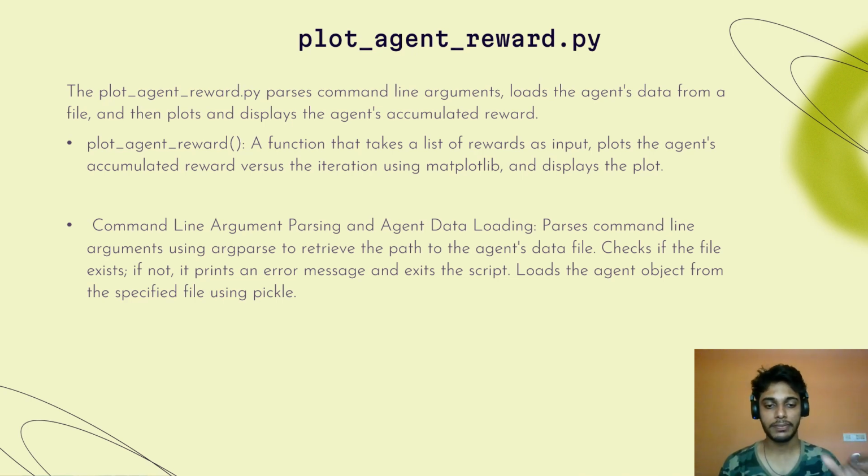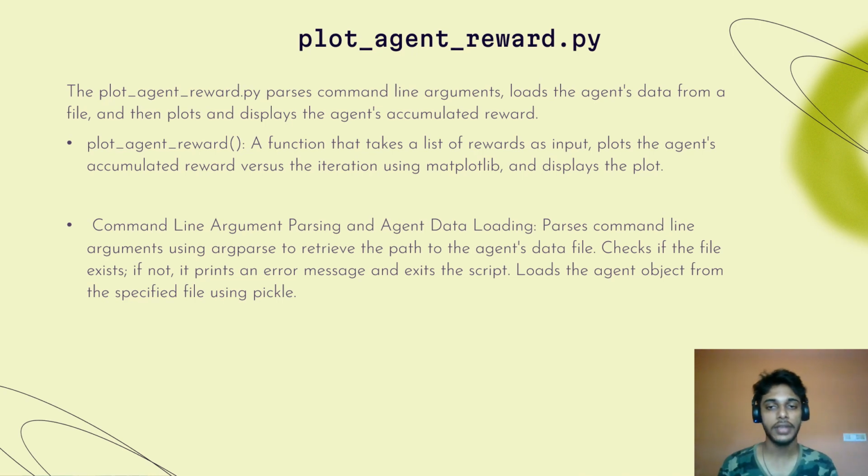The plot agent reward.py allows you to run the script from the command line, providing the path to the agent's data file as an argument. It loads the agent's data, specifically the rewards, and plots the cumulative reward versus the iteration. There are different functions in this, and the first one is plot agent reward.